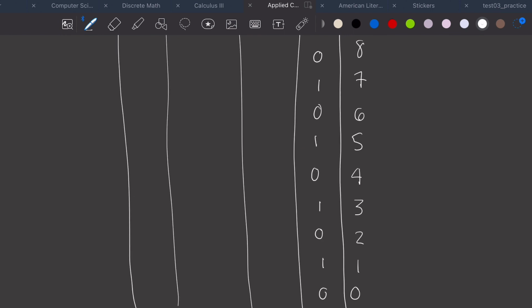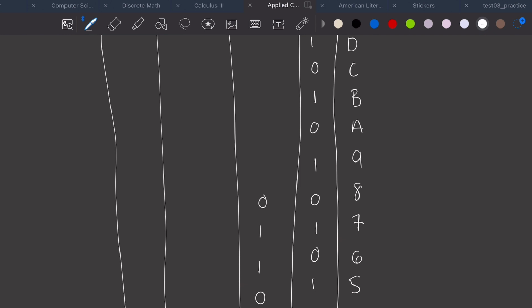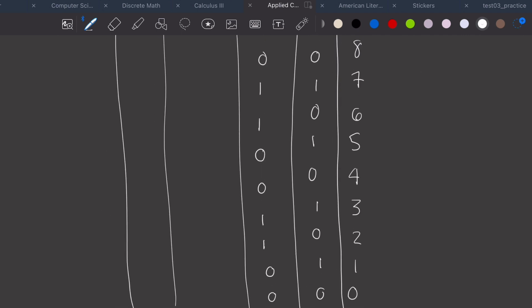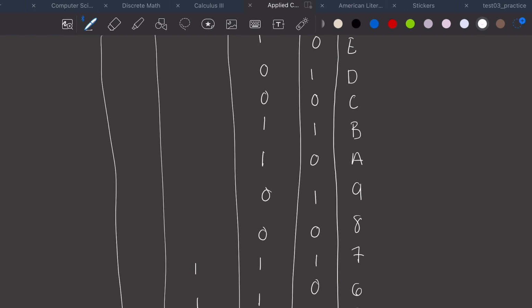The second row doubles, so we have 0, 0, 1, 1, 0, 0, 1, 1. And then this next row doubles again, so we will have 4 zeros, 4 ones, then 4 zeros again and 4 ones again.